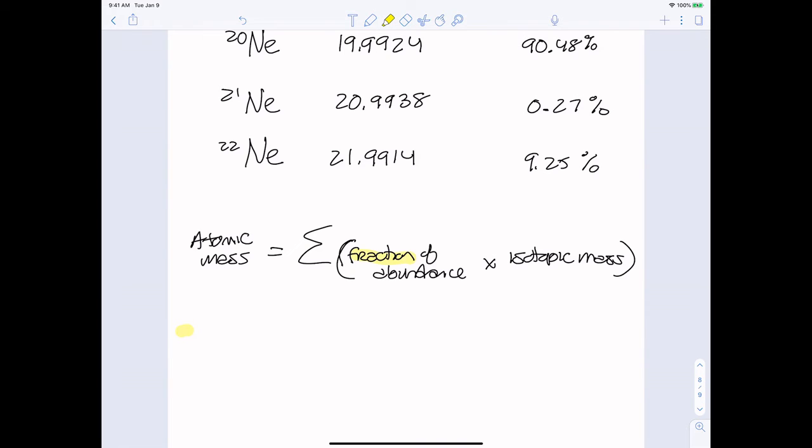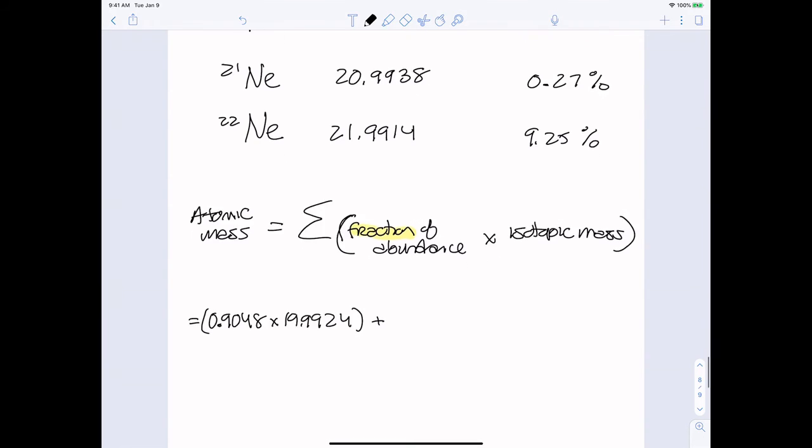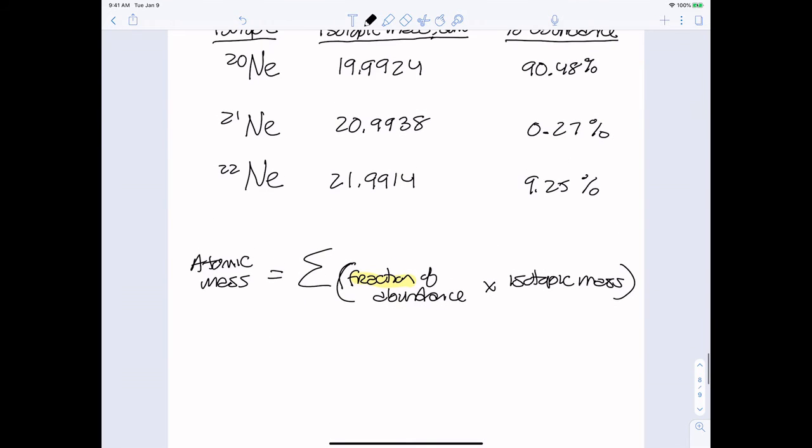Ooh, not with my highlighter. So 0.9048 multiplied by 19.9924, plus, actually let's do it vertically instead of horizontally because we'll have more room that way. I'm just going to erase this and rewrite it. I need to be able to see it.